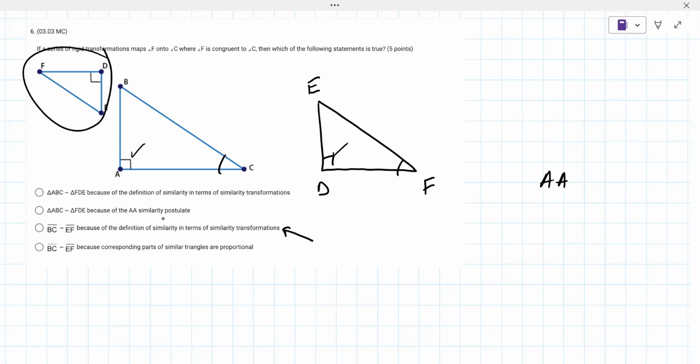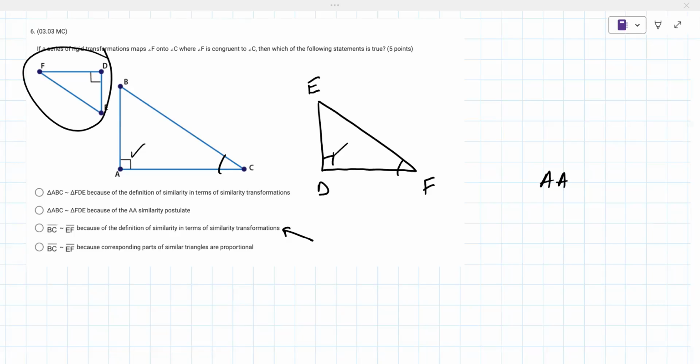Similarity. See, 3.2. I don't think it particularly talks about a certain definition or something like that.